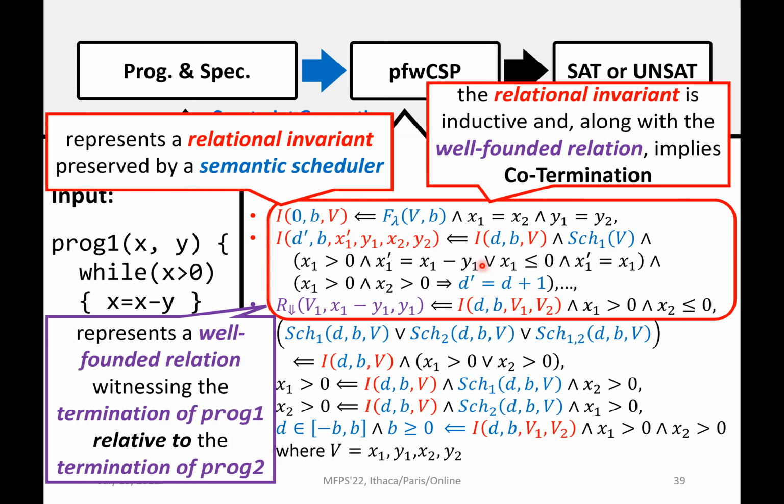And these constraints require that the relational invariant is preserved by the scheduler, and along with the well-founded relation implies the co-termination property.